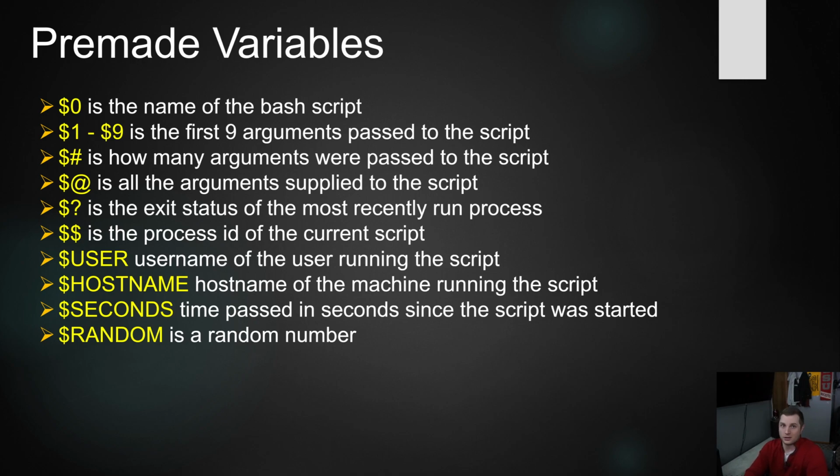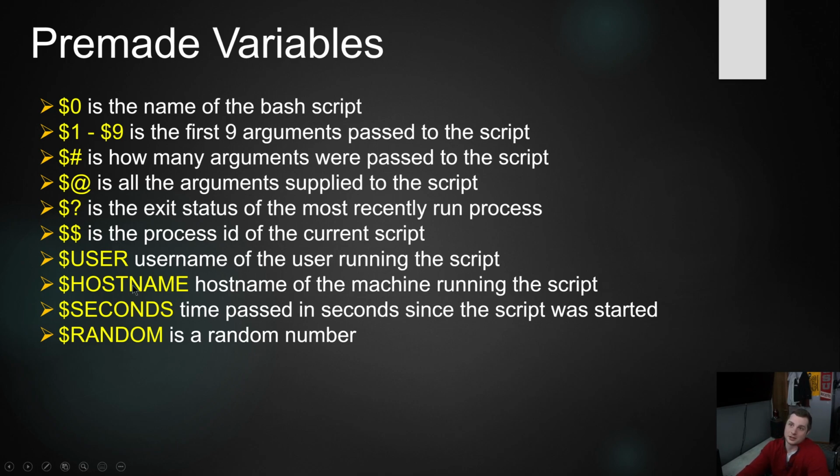All right. Again, like other lectures that we've done in this series so far, you don't necessarily have to memorize these. You'll memorize the ones that you use a lot. You're going to be using this a lot. Everything else you can look up. Just know that anything with a $ sign in front of it is, one, a variable, but two, likely there's a pre-made variable if it's something that you're going to use a lot.